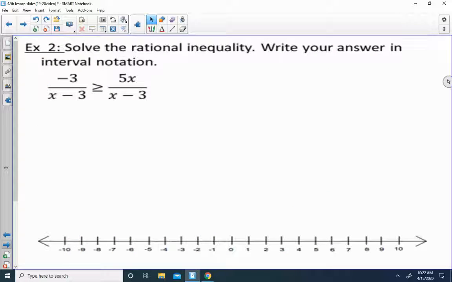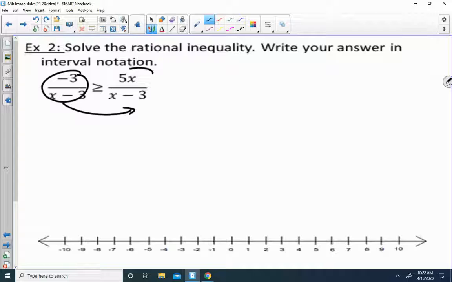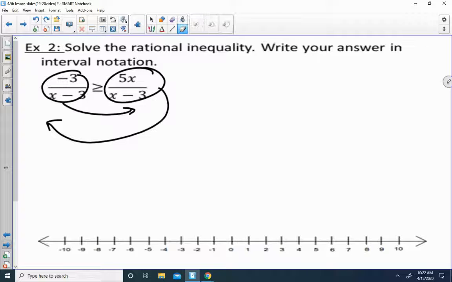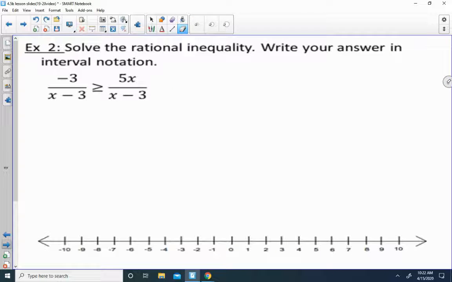So this time we again have two rational expressions when we should only have one. So in other words, I can either move this fraction over to this side, or I can move this fraction over to this side. It doesn't matter either way. Well, I think we've gotten really used to having the 0 on the right side.